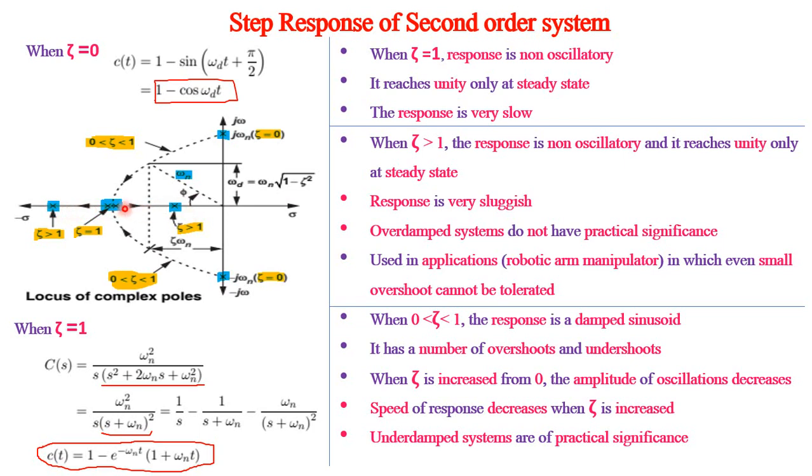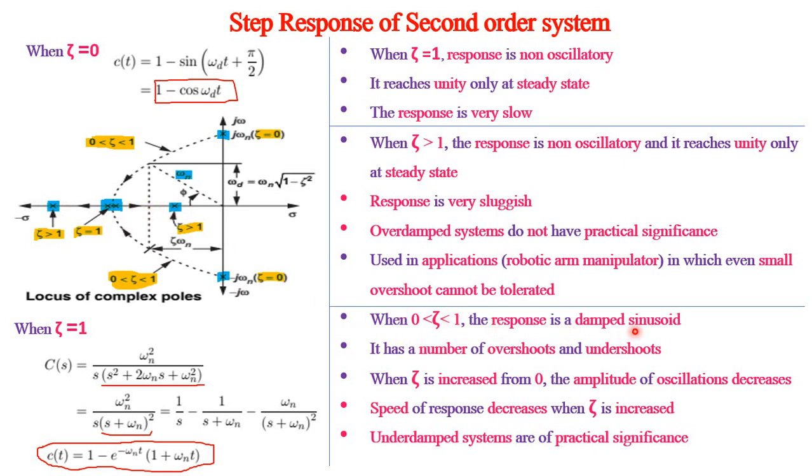So one pole travels towards the origin, another pole travels towards the negative real axis. Since it has got only real part, like critically damped, there won't be any oscillations, but the response is still slower because of this term. Anyway, that we can understand a little bit later.